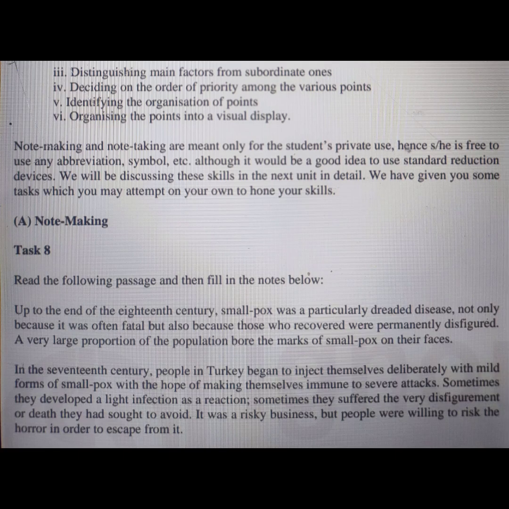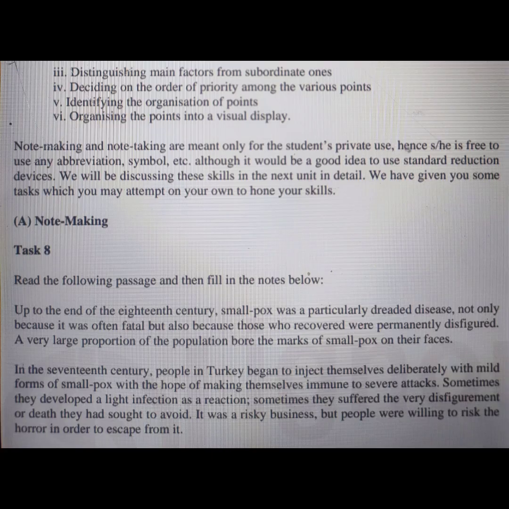A. Note-making. Task 8. Read the following passage and then fill in the notes below. Up to the end of the 18th century, smallpox was a particularly dreaded disease, not only because it was often fatal but also because those who recovered were permanently disfigured. A very large proportion of the population bore the marks of smallpox on their faces.